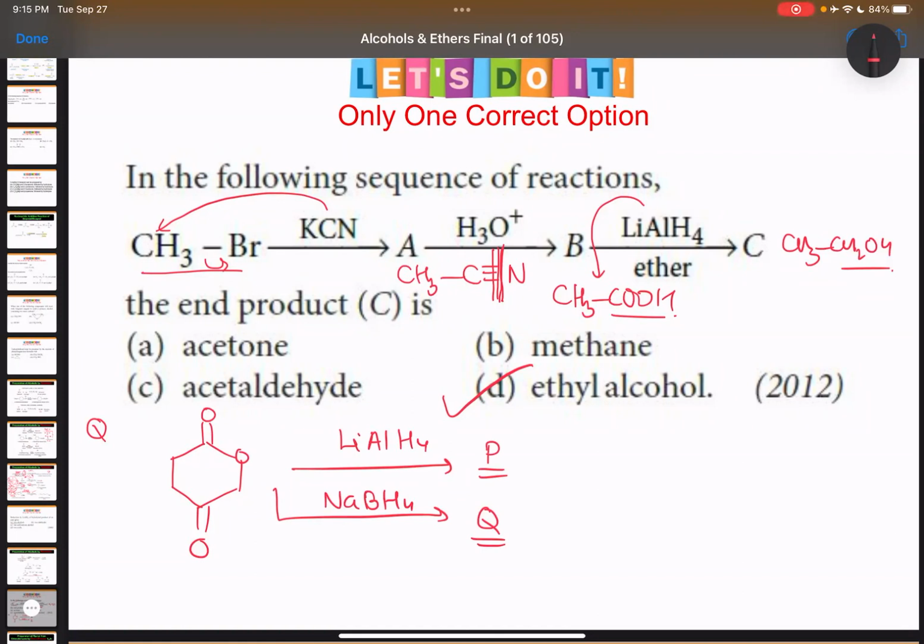So what's the IUPAC name of P and Q? Sir, the main reactant is what, sir? Is it benzoquinone? This is not a benzene, some cyclic molecule which is there in front of you.